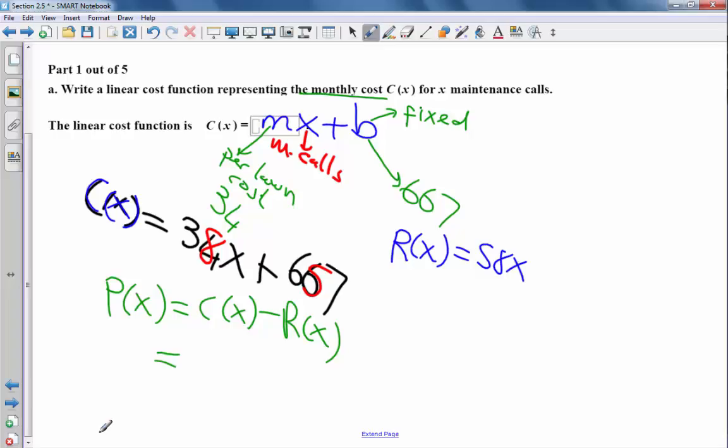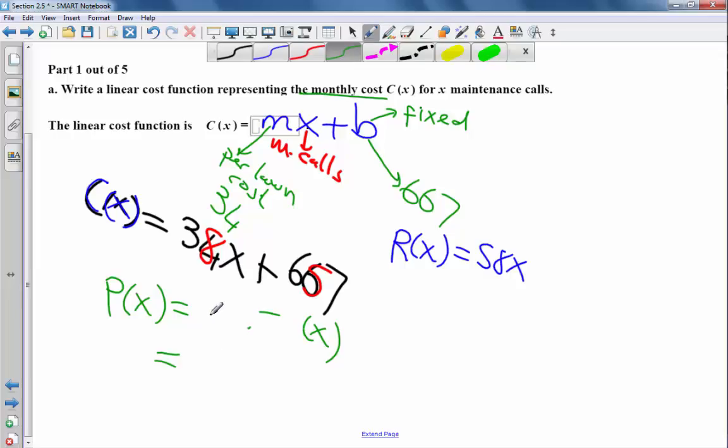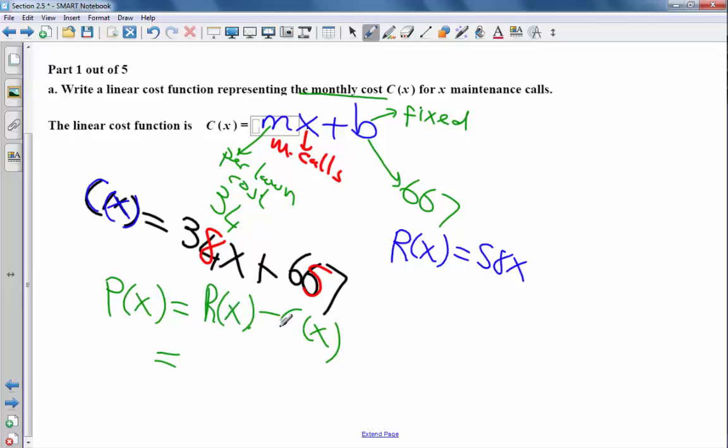Is that right? Should be the other way, right? You subtract cost from the total money you made. So I need to flip this. So this is revenue first, and then cost next.